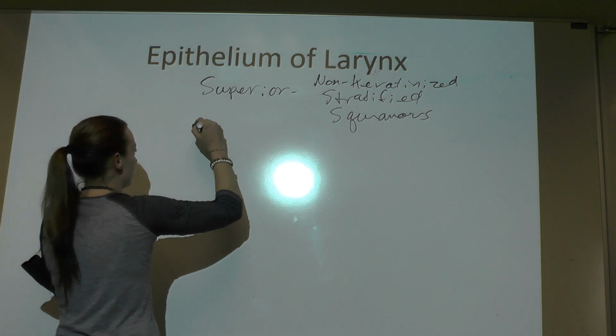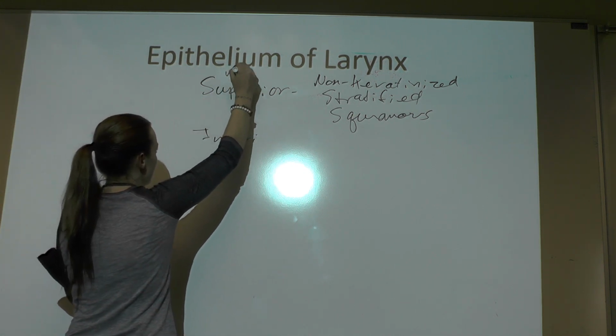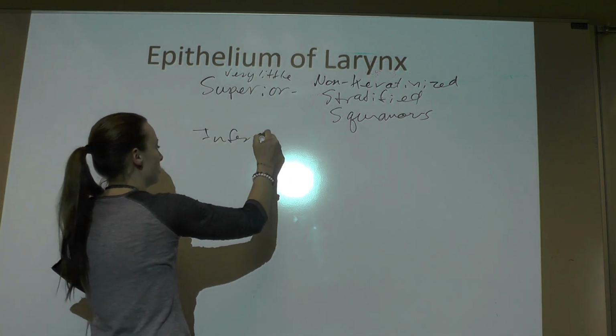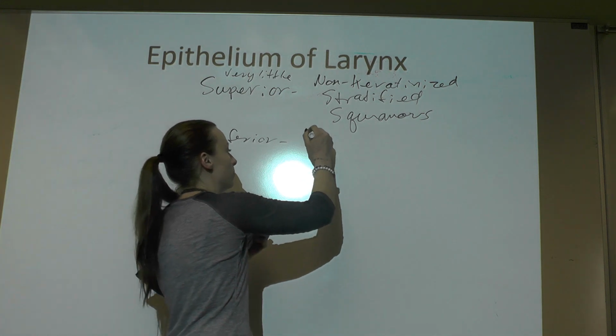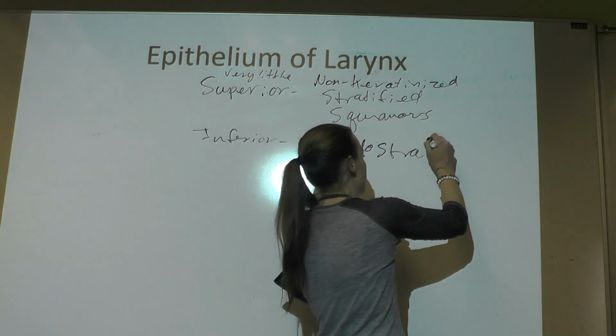And as we move more inferiorly, and it's really just a very little part, we'll see that we move back to the pseudostratified ciliated columnar epithelial tissue.